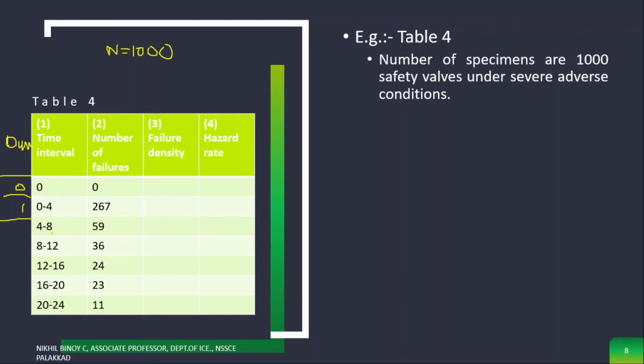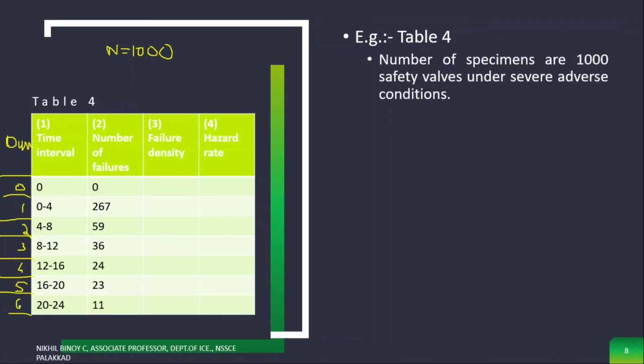The 4 to 8 time interval is the second duration. Then the 8 to 12 time interval is the third duration. Then 12 to 16 is the fourth duration. Now 16 to 20 is the fifth duration. Now 20 to 24 is the sixth duration.